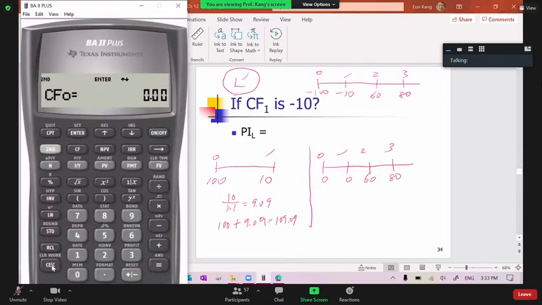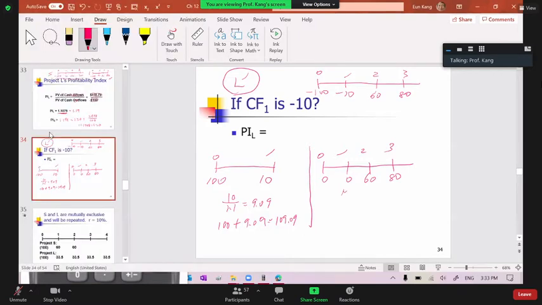And for this one, you can get the present value using your calculator, right? CF0 is 0. C1 is 0, enter. And C2 is 60. C3 is 80. Put NPV, I is 10. Enter, down arrow, compute. 109.69. So this NPV is 109.69.